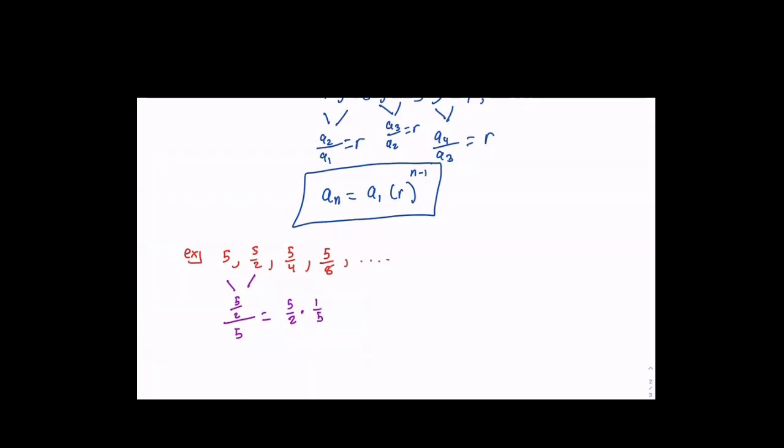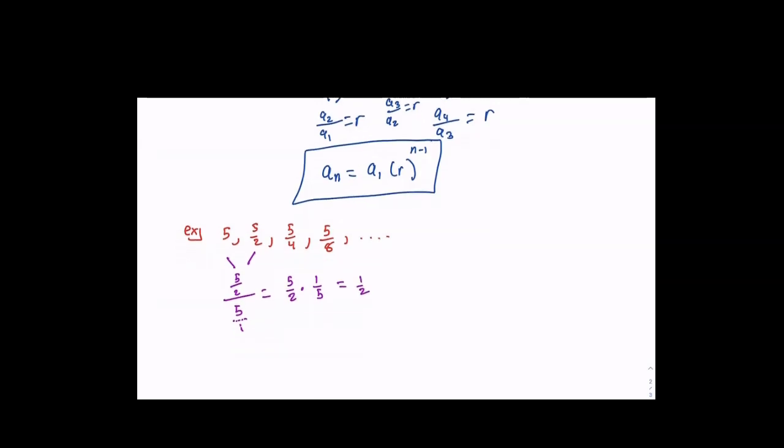Keep, change, flip. So 5 halves divided by 5 becomes 5 halves times 1/5. And you can just think of 5 as 5 over 1 as its own fraction like that. Keep the 5 halves, change to multiplication, flip what you were dividing by, which gives me 1/2.